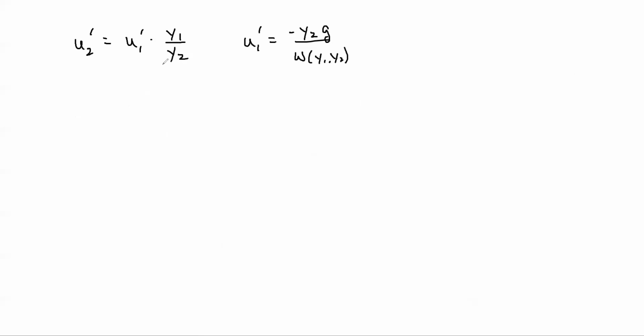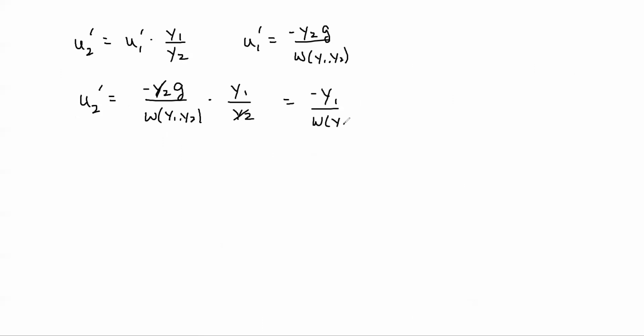Plug it in, and you'll get u2 prime equals negative y2 g over the Wronskian of y1, y2 times y1 over y2. The y2's cancel, and you get negative y1 over the Wronskian of y1, y2. Oops, hold on, there should be a g there as well.